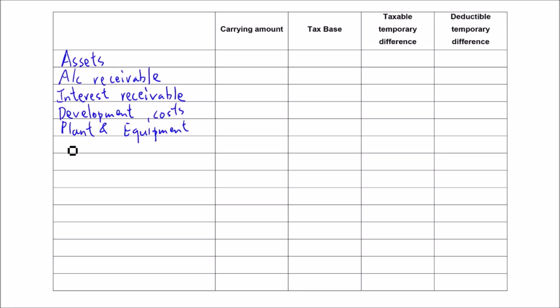And then after that, we also write down liabilities. The relevant liabilities include accrued expense, rent revenue in advance, and finally, provision for employee entitlement.